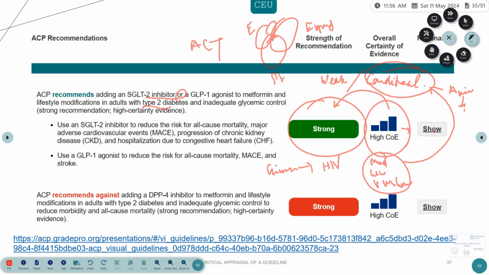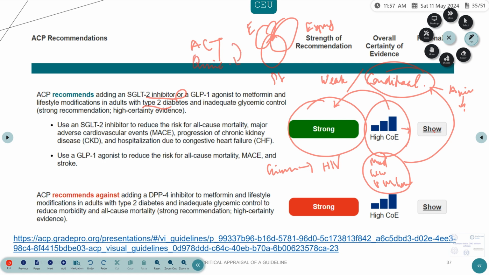Something that you can give which may cause arrhythmias, hypoglycemia. Yes, so there is always some alternative.